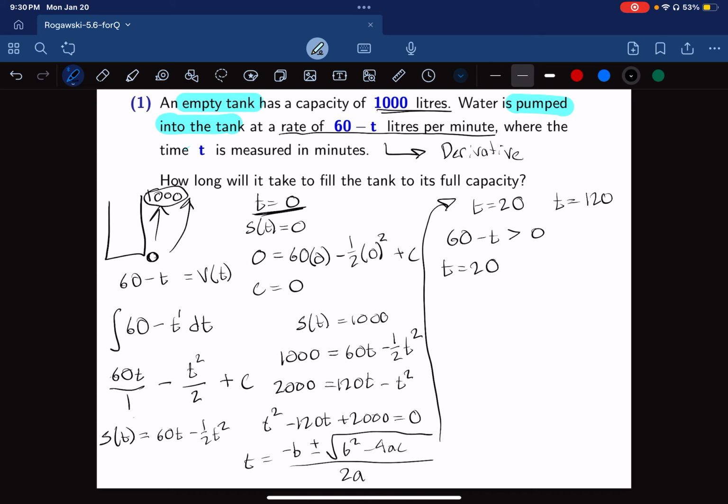And because t is measured in minutes, this has the unit of minutes. And whenever you solve a word problem, it is always recommended to write a therefore statement.